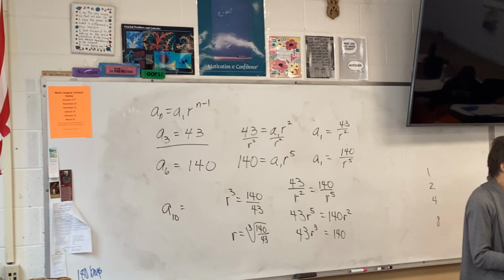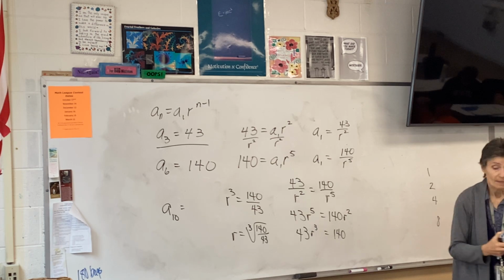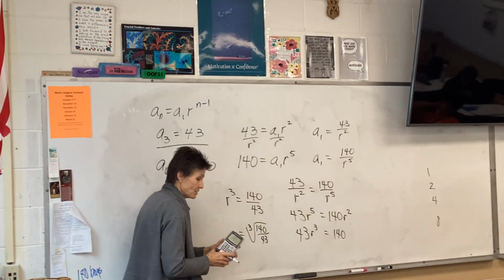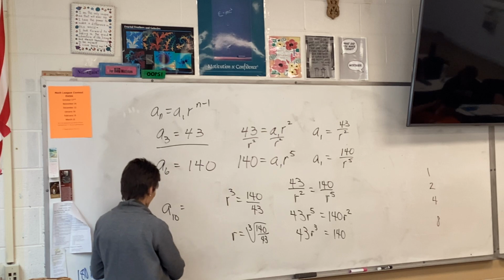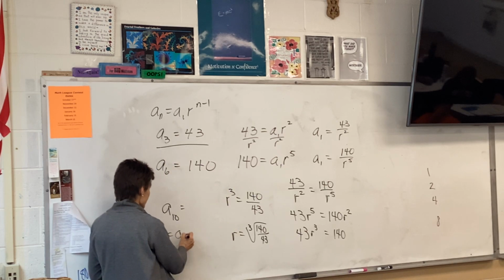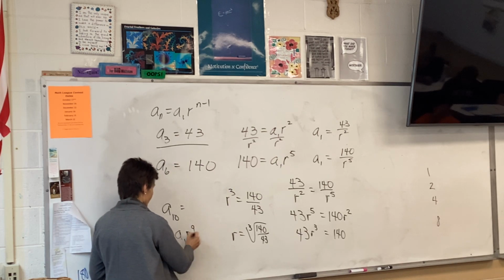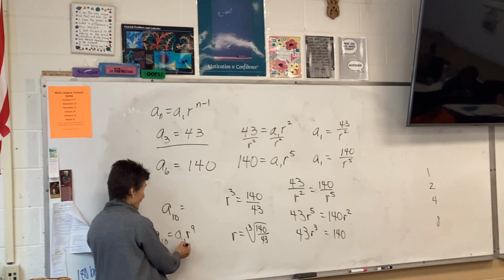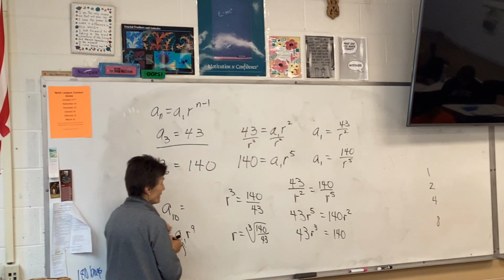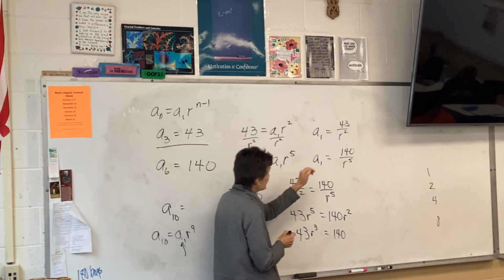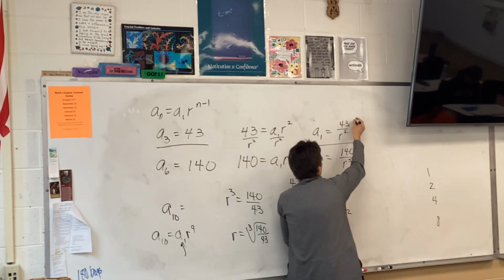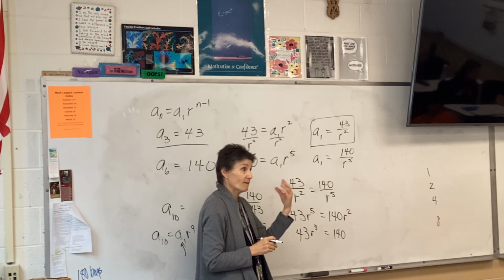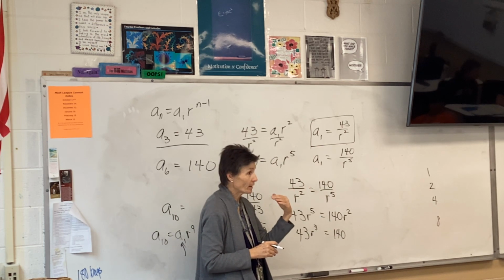And then enter, okay? Now, I also need to know if I'm gonna use my formula, which is this, to find the 10th term, I need to know what my first term is. So let's come back over here. What did we say our first term was? 43 divided by R squared?